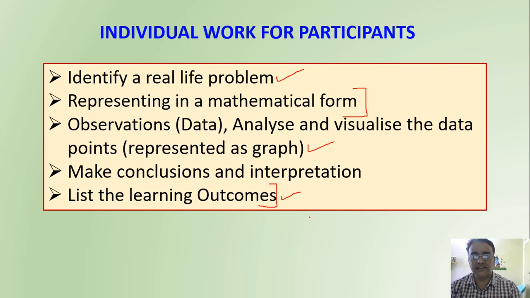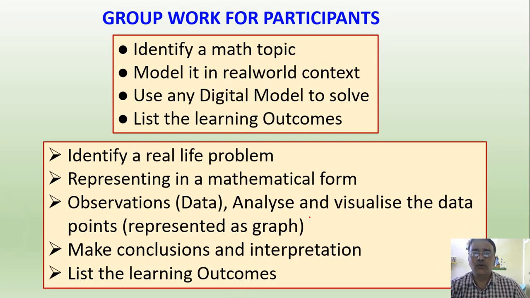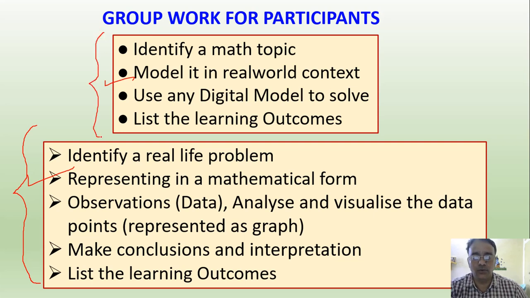Now the next is group work for participants. In the evening session, every group has to present these two tasks. This is the individual task. While in group discussion, you can select the best one to represent in the evening session. And this one is the group work which you have to do together.